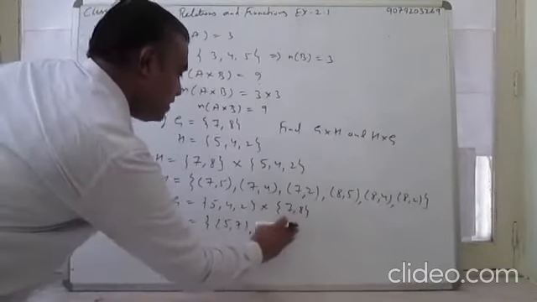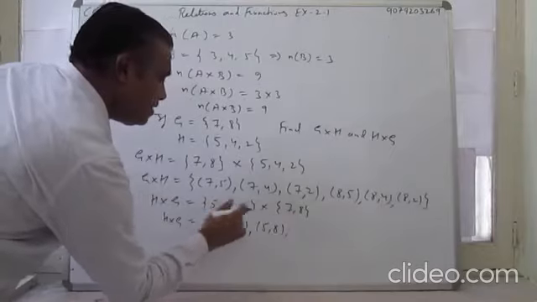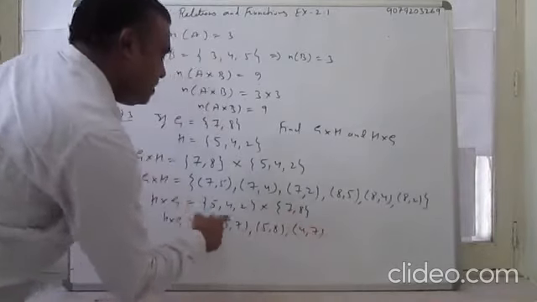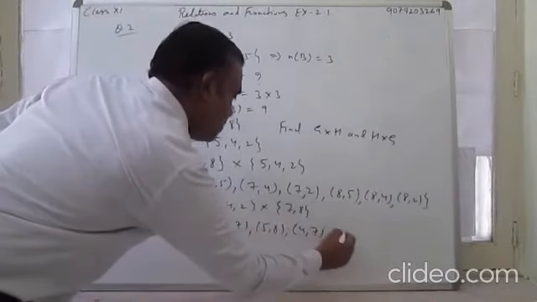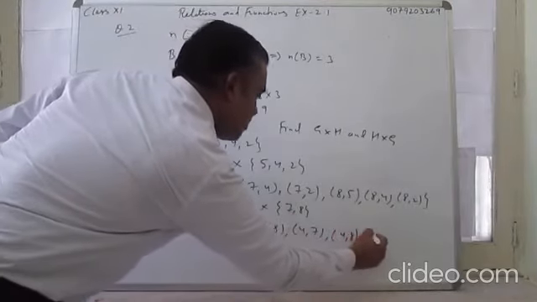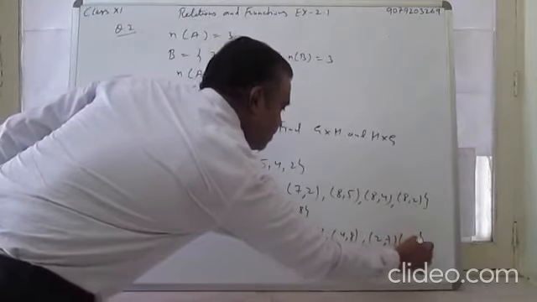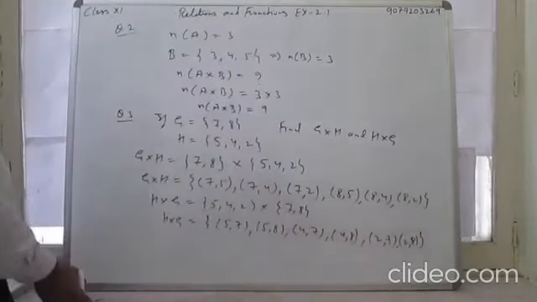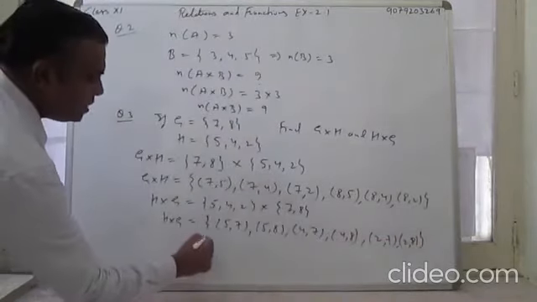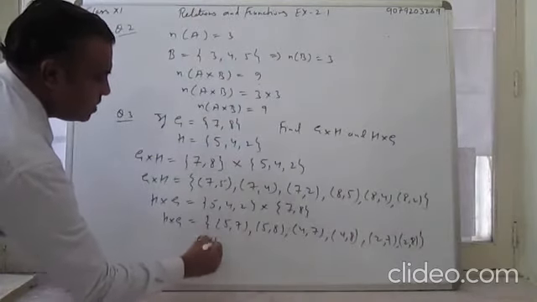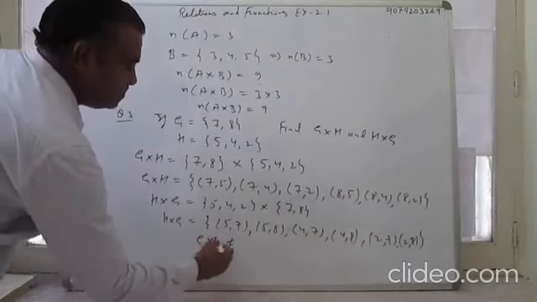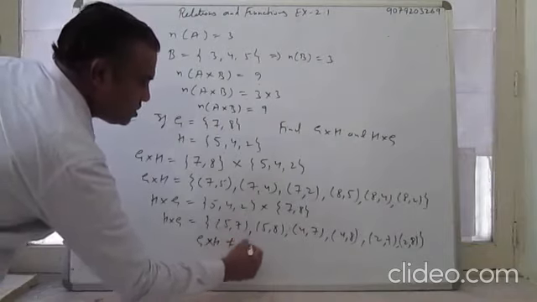Now the next ordered pairs are (4, 7), (4, 8), (2, 7), (2, 8). We see that the number of elements is 6, but G cross H is not equal to H cross G.